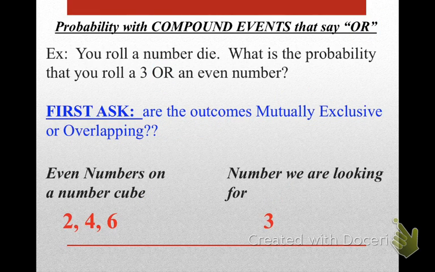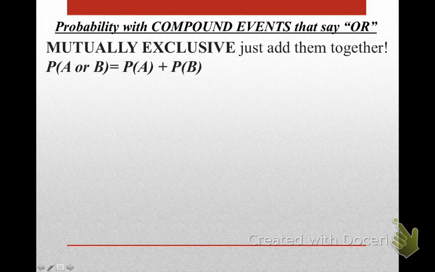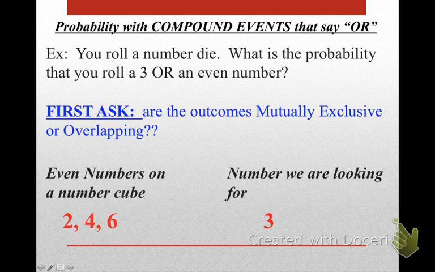So on your note sheet, let's figure this probability. So the chances that we will roll a 3 are 1 in 6. And then when you see or, we're going to add those probabilities.